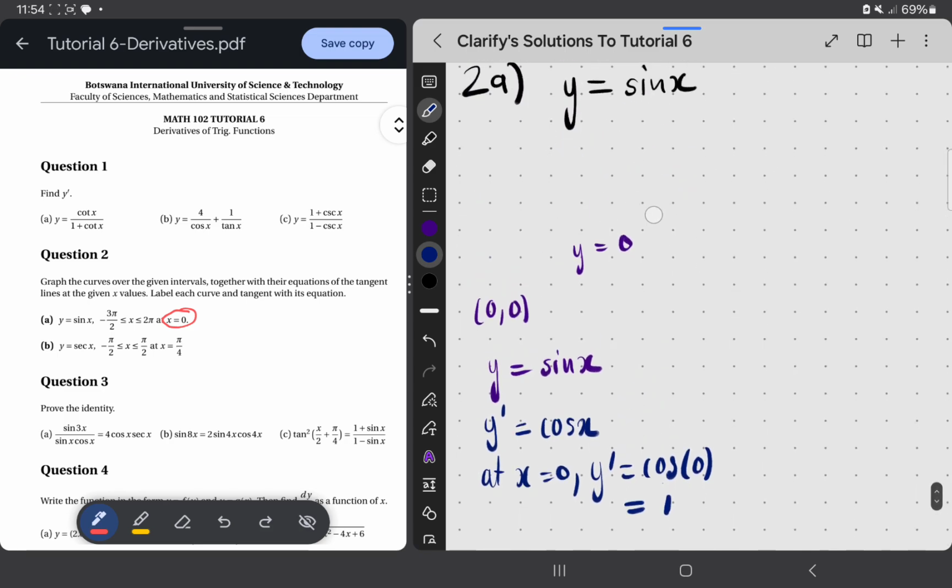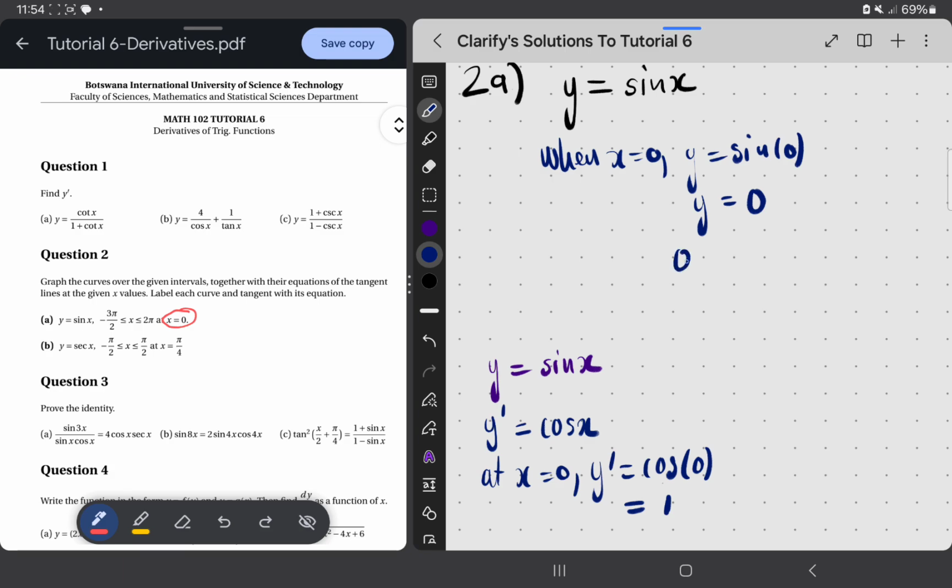Here, instead of saying let x equal to 0, you could have said when x equal to 0, y is equal to sine of 0, so y will be equal to 0, and you now have this point. Therefore, the point is (0, 0).